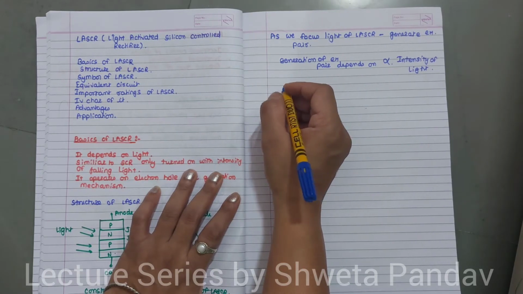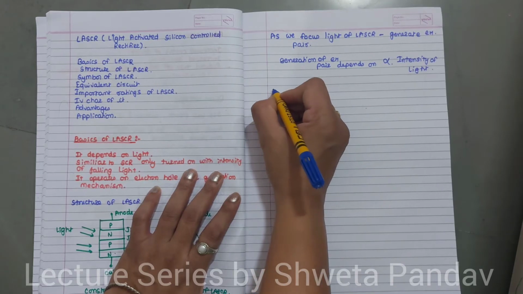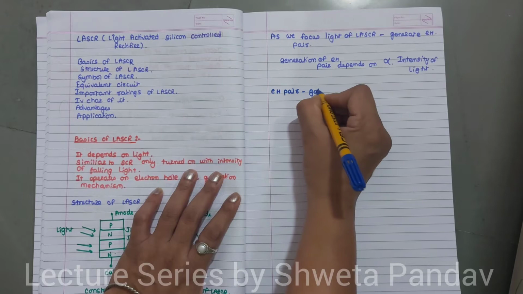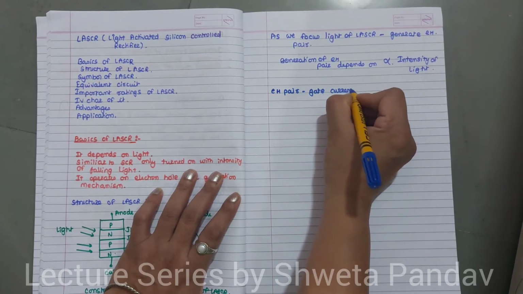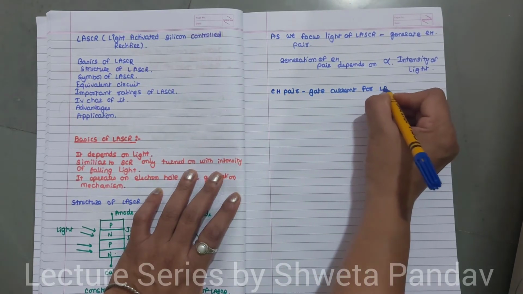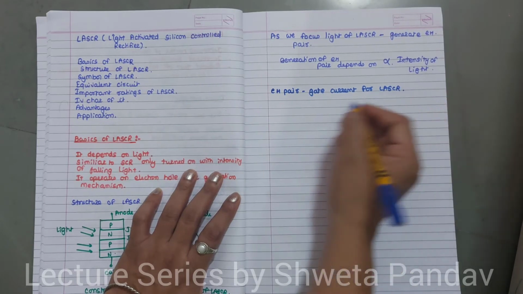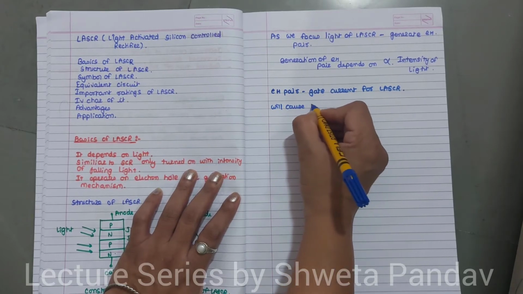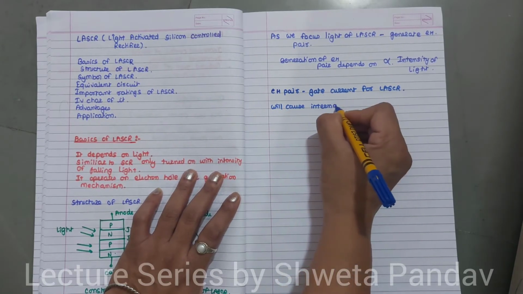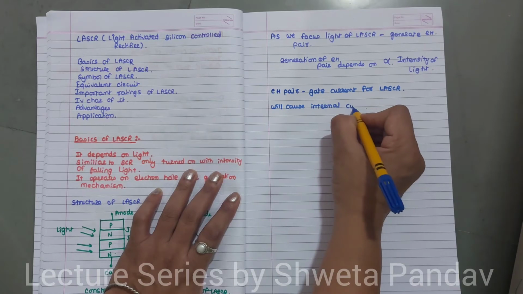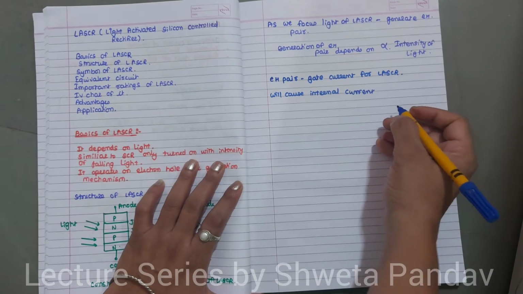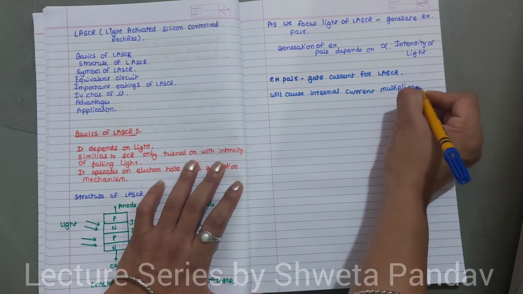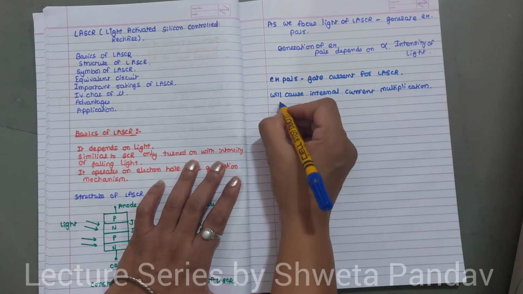So this electron hole pair will constitute a gate current for the LASCR, and it will cause internal current multiplication, and it will be turned on.